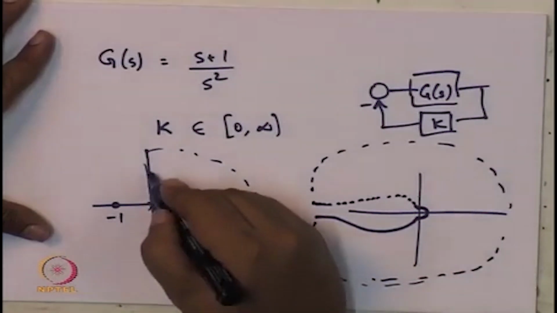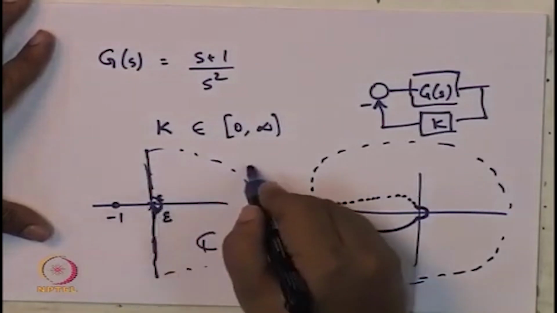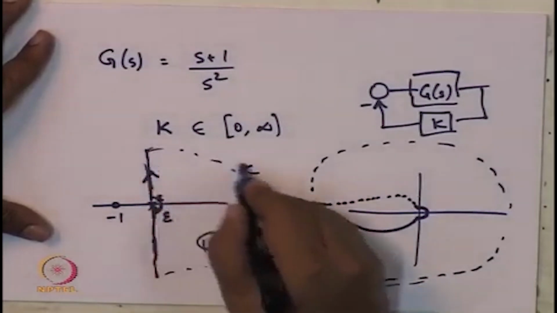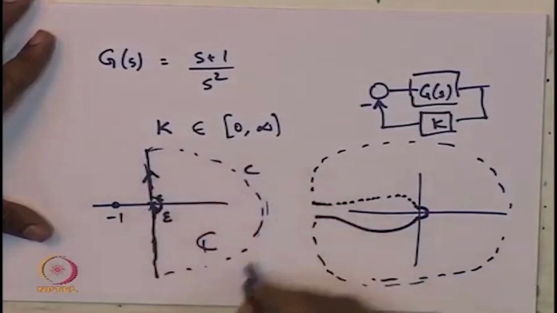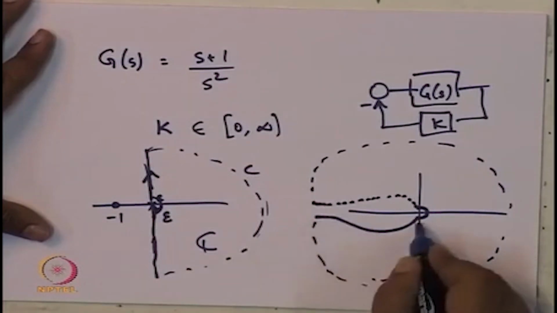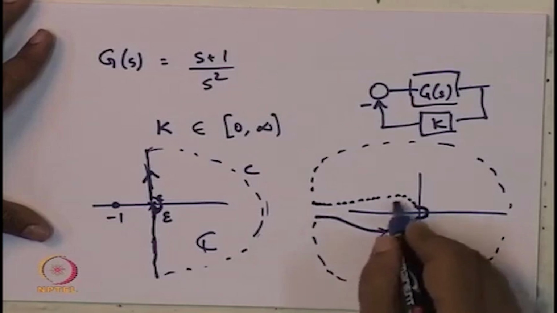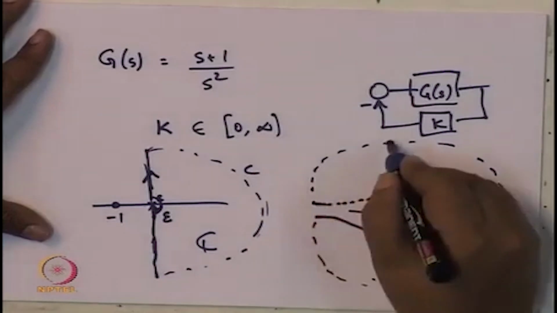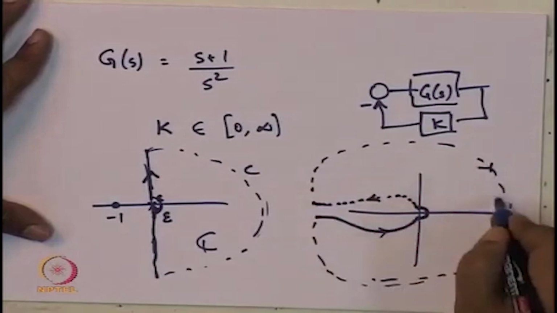Now this contour C we traversed in the clockwise direction, and as a result the contour that we got using the Nyquist plot was something like this.